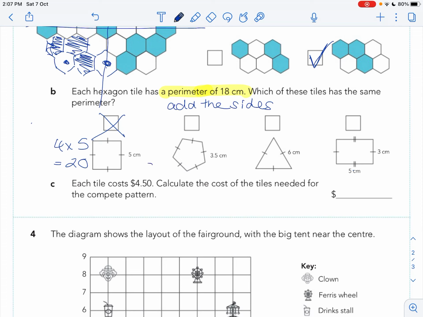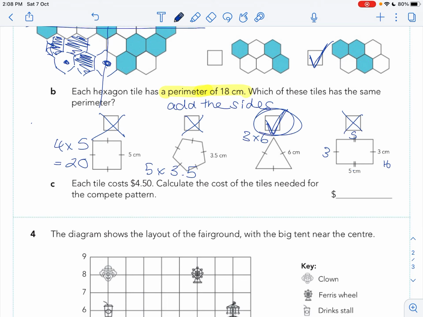This is 5 sides times 3.5. We know that that doesn't multiply to get 18. This one is 3 sides of 6. 6 times 3 is 18. Yes, that does. Let's just make sure. We add up these sides here, so we've got 5 and 5 and 3 and 3, and that adds up to 16, so it's not that one, so it's this one here.